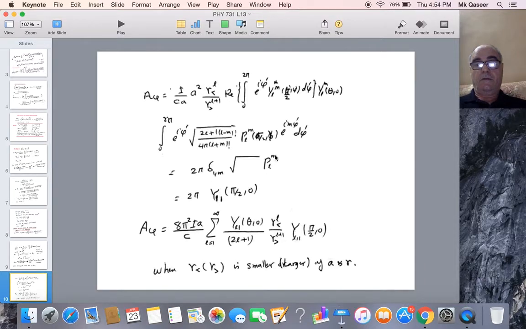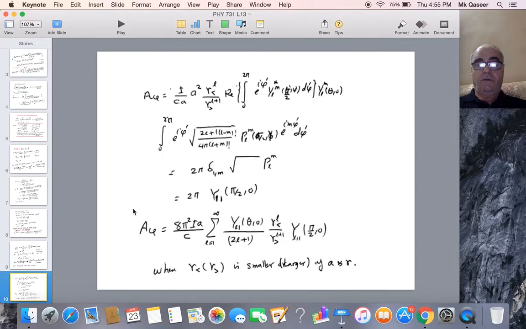Now instead of the associated Legendre polynomial, I replace it by Y_1,1, because theta now is pi over 2, which is the xy plane, and phi is 0.